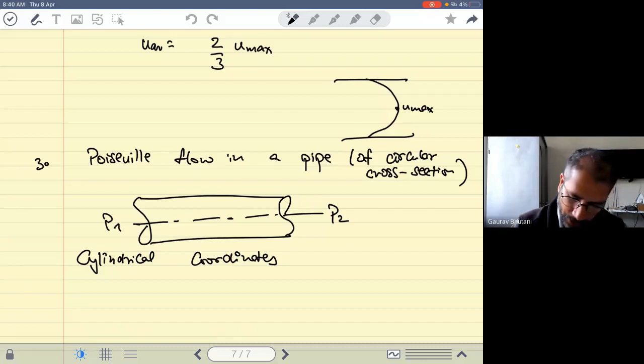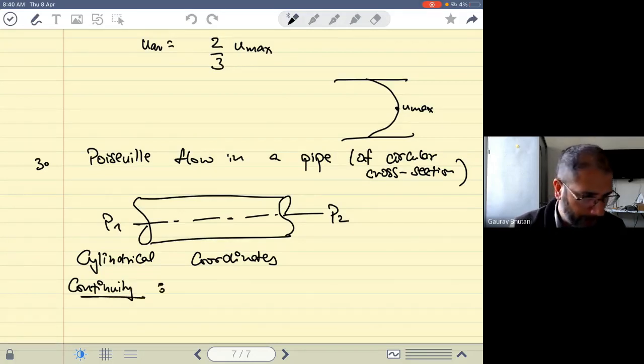In this case, the continuity equation and the flow equations are slightly different. If you go to the appendix in the book, you will see that the continuity and the momentum equations are given. So let's write them.